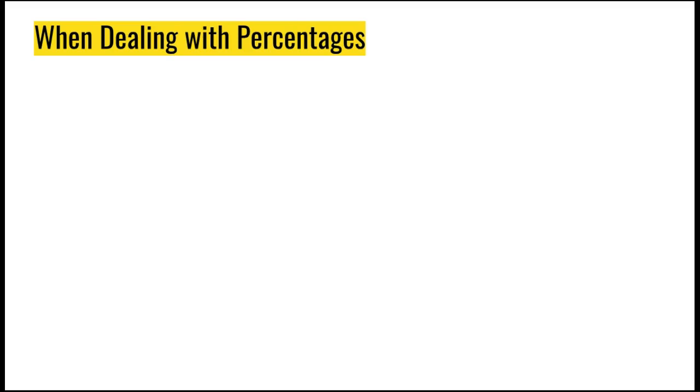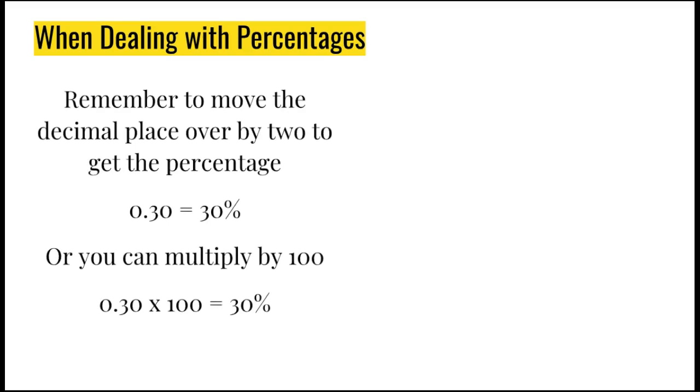Remember that when you're looking at costs associated with your operation, you want to use a percentage rather than a dollar figure because it's going to paint an accurate picture. And for the past couple of weeks, you guys have seen that when you're doing a percentage, to get that number, you move that decimal place over by 2, or you can multiply by 100.